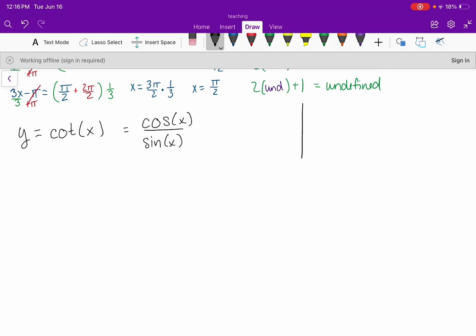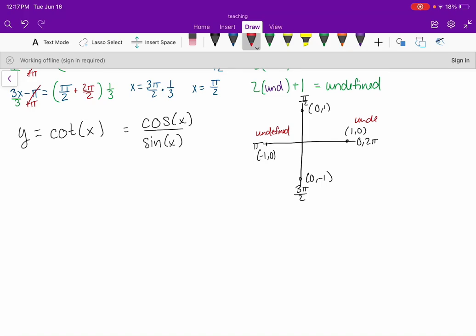So when I look at my unit circle, cotangent is going to be undefined here and here, everywhere that sine is equal to 0.